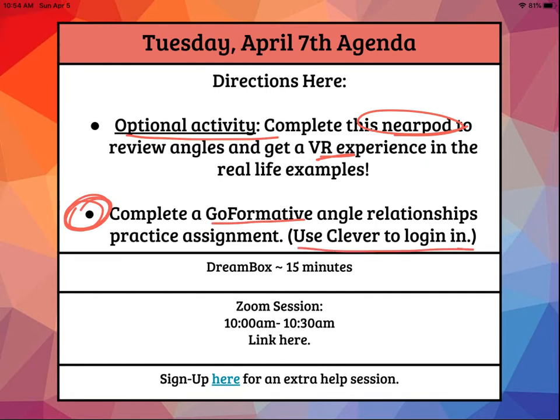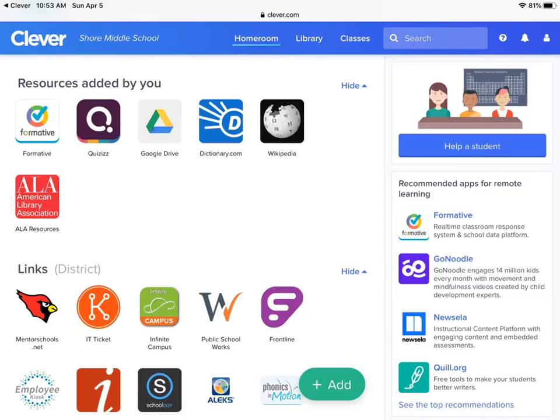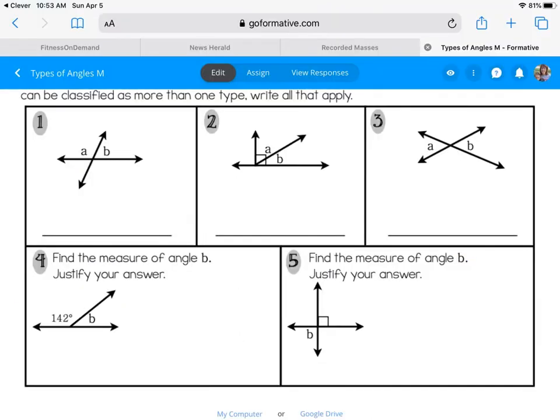Remember, you log into Clever to do the Go Formative, and you make sure you check her class. So you want to make sure you're in Miss Hartman's class, and the Go Formative app looks like that. So it'll look like this. You'll see some angle relationships, and you might have to write all of the names that apply.